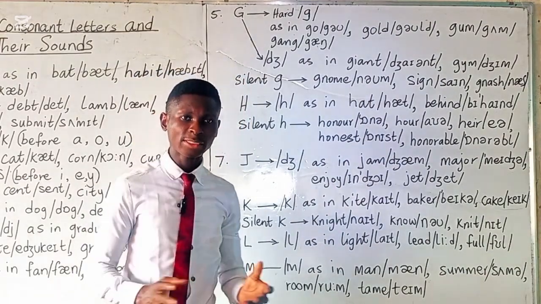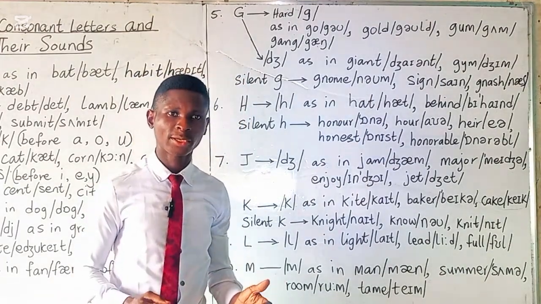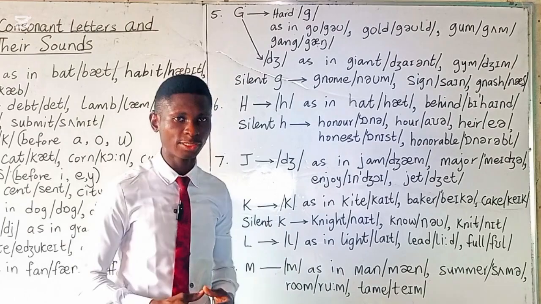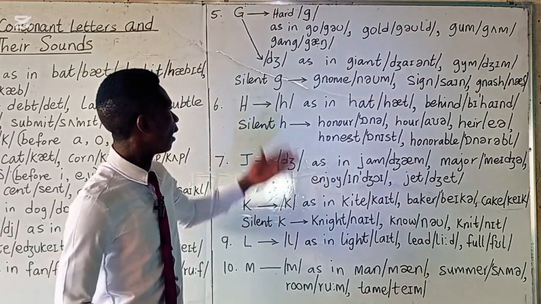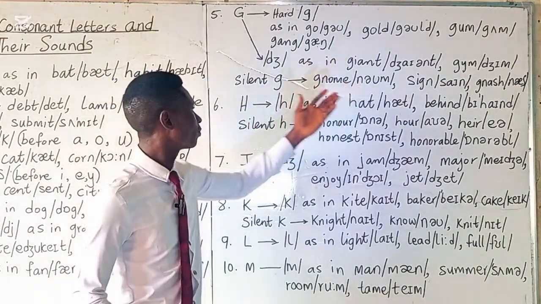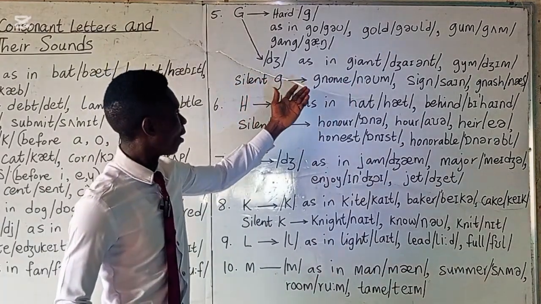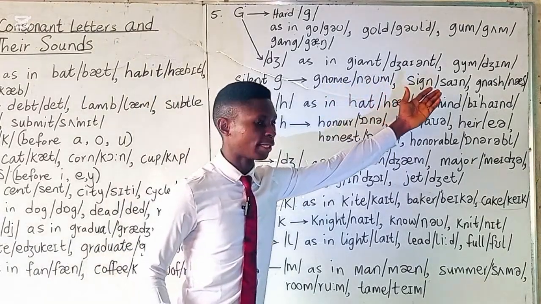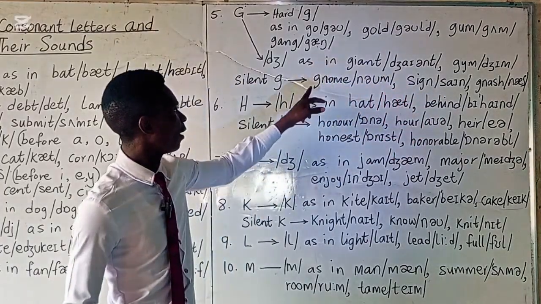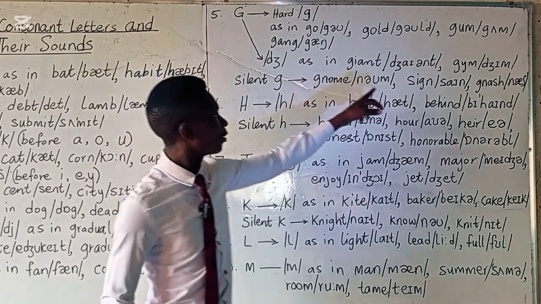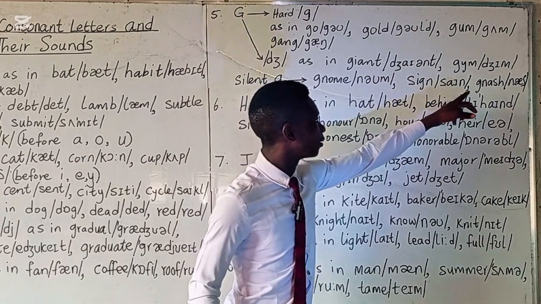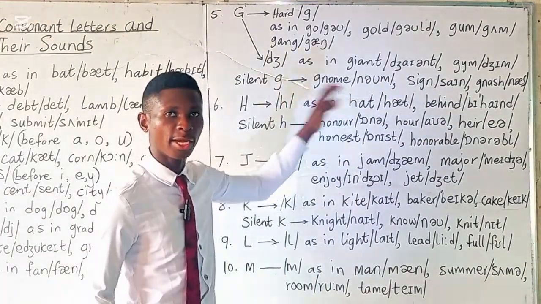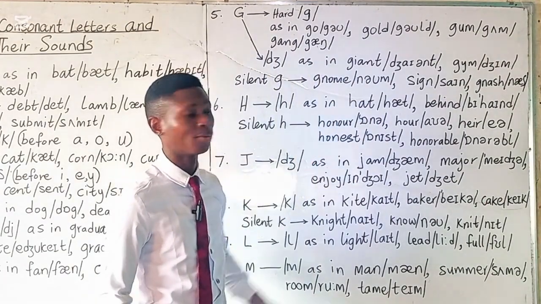However, there are some words with letter G where the letter G is silent because we can't realize it in those words. A typical example of them are gnome, sign, gnash. In these words, we have GN, and in place of those three GNs, we have the /n/ sound.